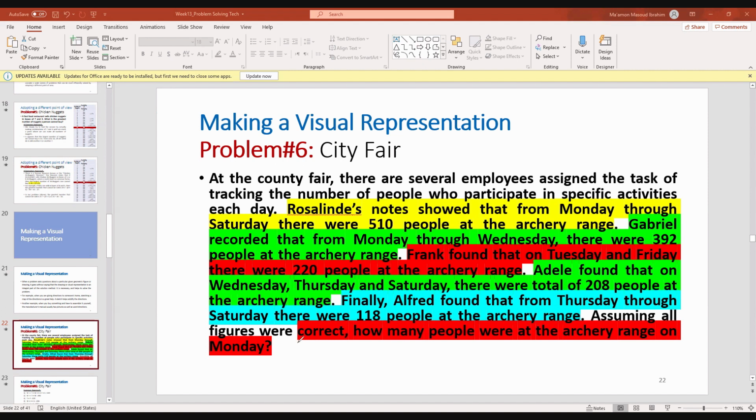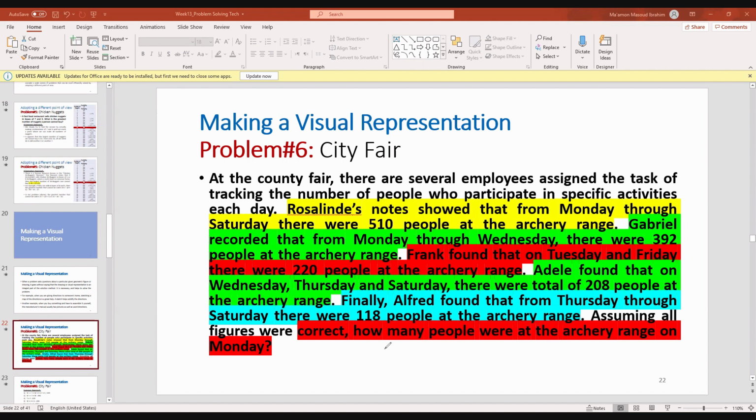Assuming all of the figures were correct, how many people were at the archery range on Monday? So you have these facts, and you need to find the number of people on Monday.